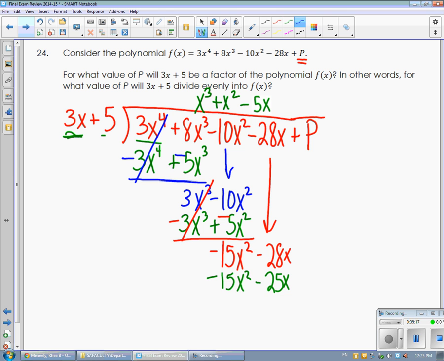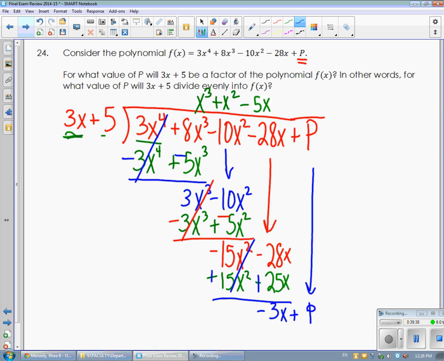And now I'm going to subtract. But remember, when I'm subtracting a negative, it ultimately makes it positive. So both of those are going to become positive. My x squareds cancel. I've got a negative 28x and a positive 25x. So that gives me a negative 3x plus p.